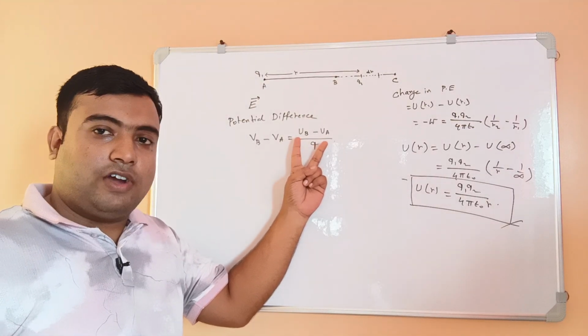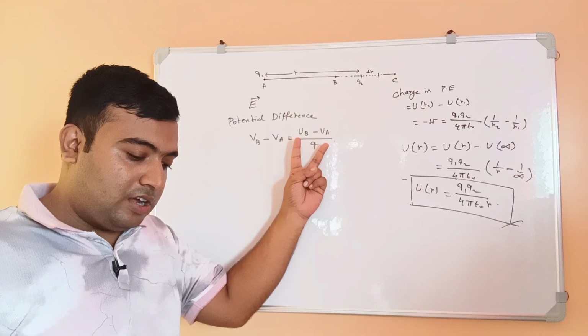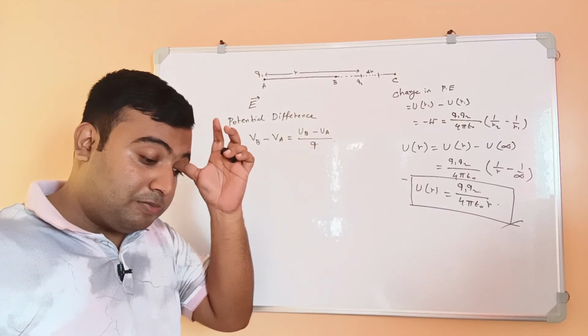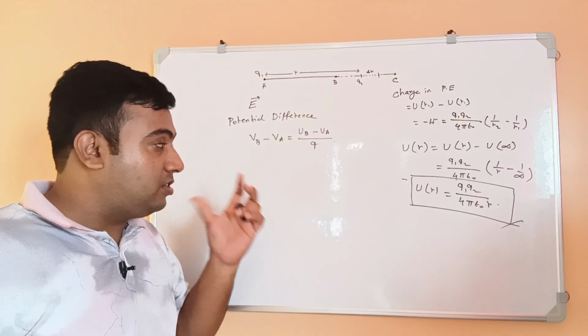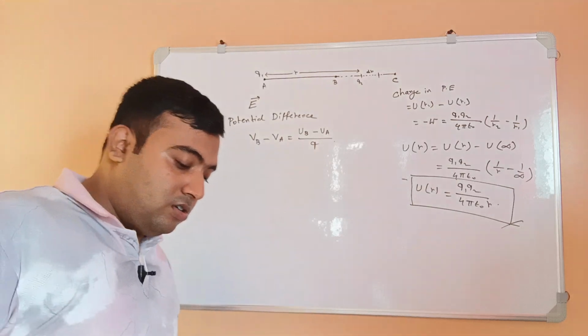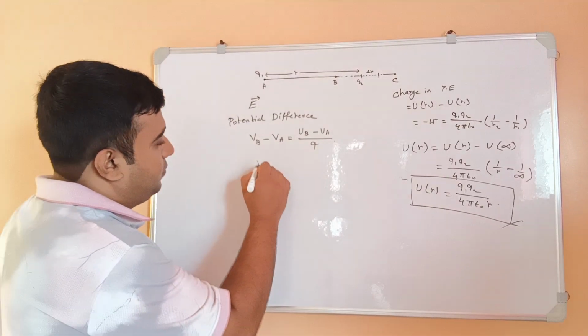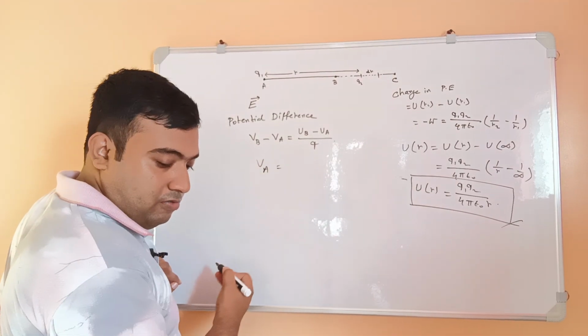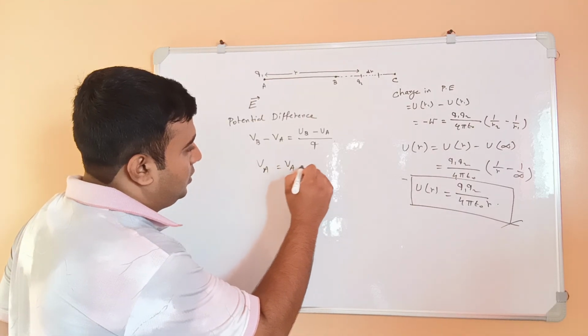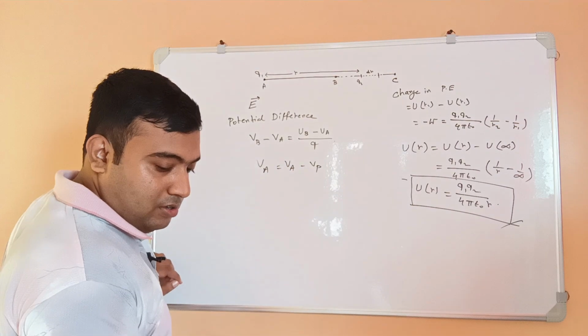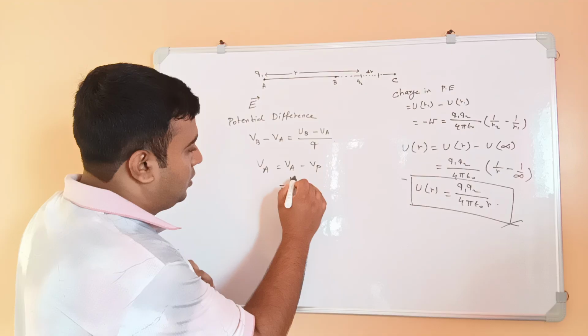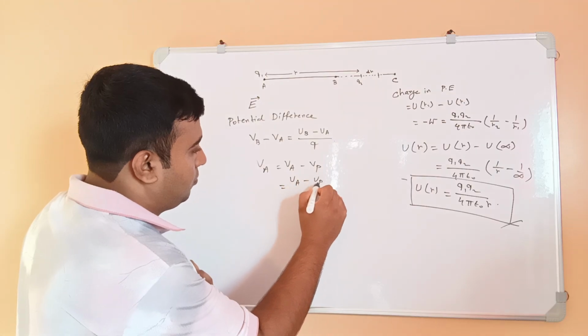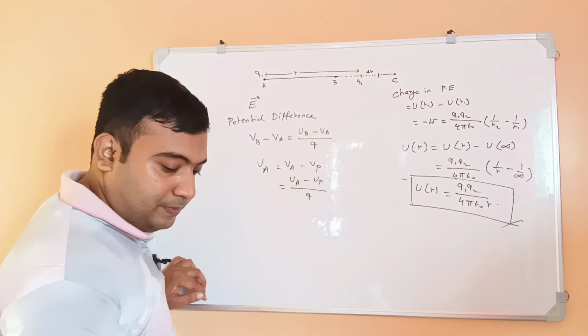So we can define the absolute electric potential at any point by choosing a reference point and saying that the potential at this point is 0. So we can say that VA is equal to VA minus VP, that is UA minus UP by q.